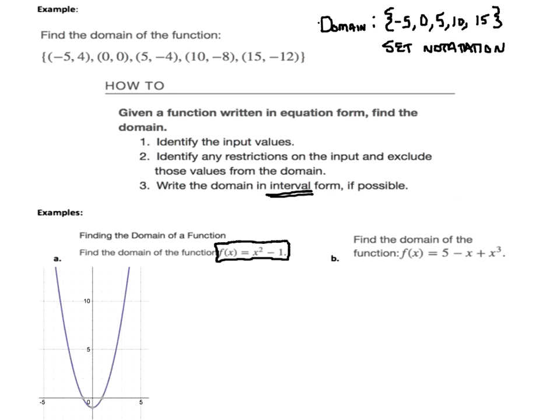Okay, so if we just want to think about the equation, not even looking at the graph, and we're trying to figure out domain and range, what we would have to ask ourselves for this particular function is, are there any real numbers that I cannot square and then subtract 1 from?